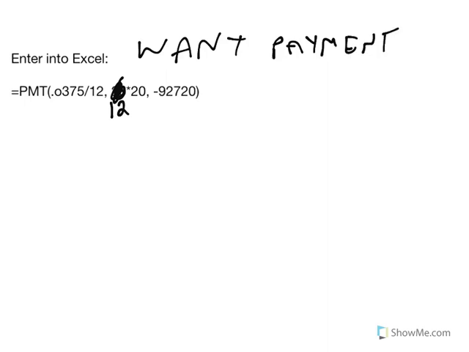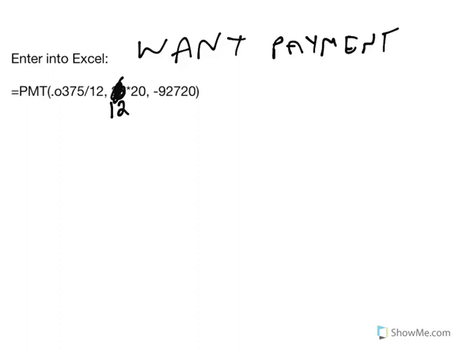Okay, so when you enter into Excel, you type in PMT, that stands for payment. We want to figure out his monthly payment. So if we want to find out his payment amount, we use the PMT function. So 0.0375 divided by 12, right? That's the monthly interest rate first. Then 12 months in a year times 20 years in the loan.